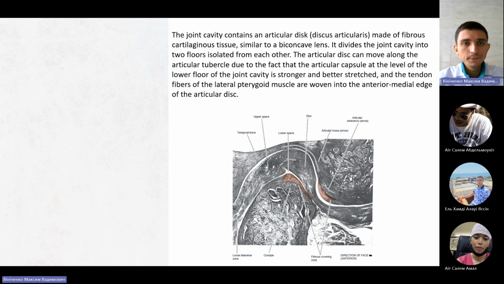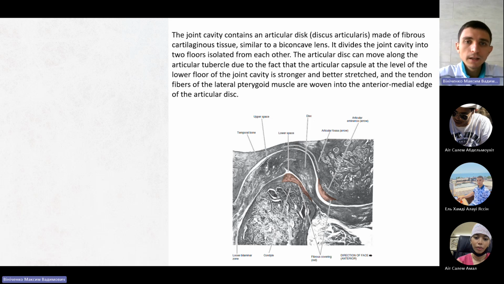The joint cavity contains an articular disc, or discus articularis, made of fibrous cartilaginous tissue, similar to a biconcave lens. It divides the joint cavity into 2 floors, isolated from each other. So here is the lower floor and this is the upper floor. So there are 2 floors.